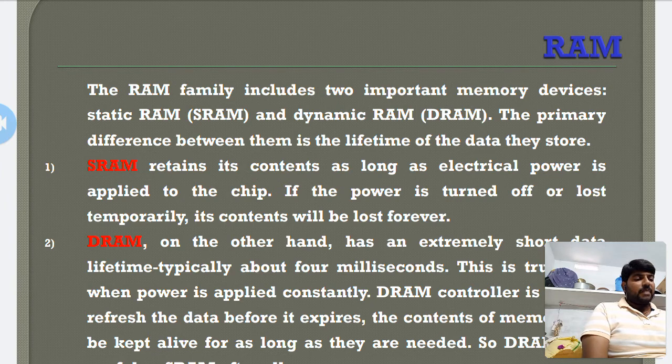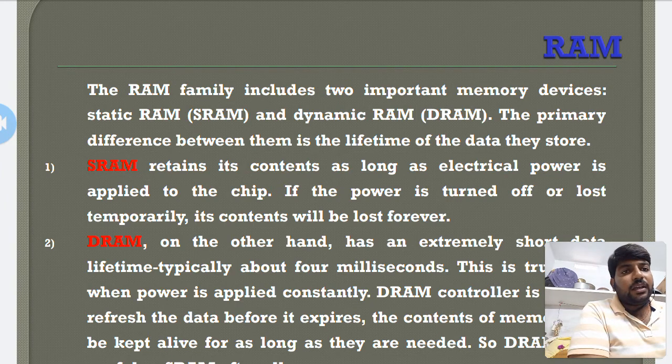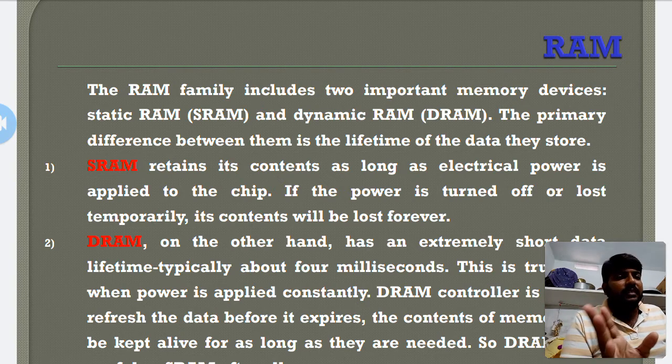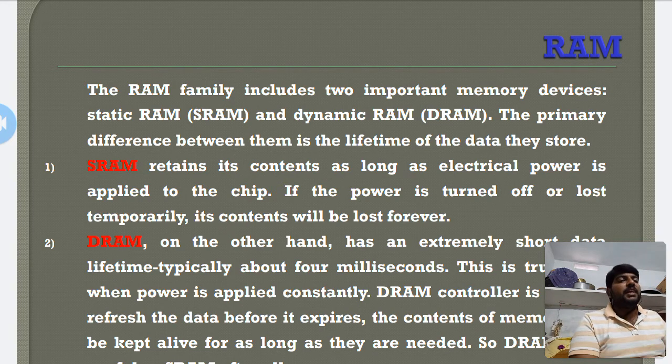RAM means random access memory. The random access memory includes two important memory devices, that is the static RAM and the dynamic RAM. The primary difference between these is the data they store, based on which it is divided into two types.